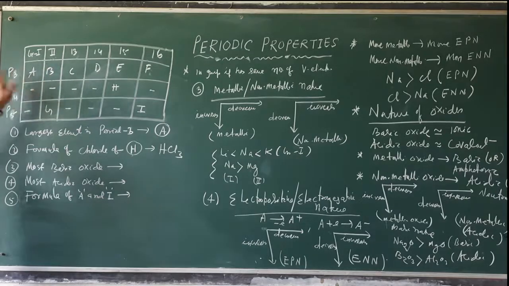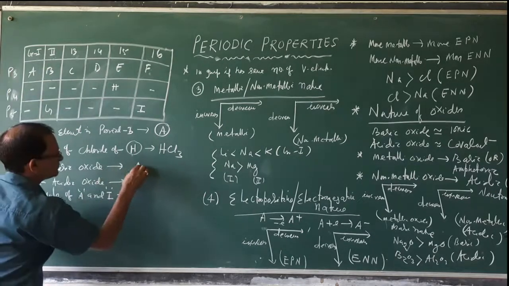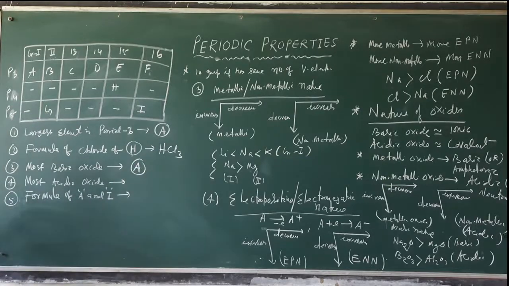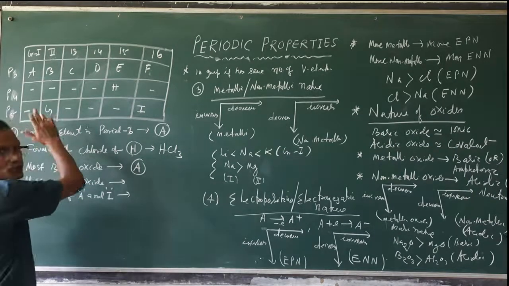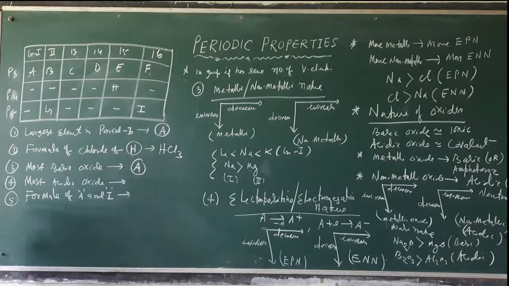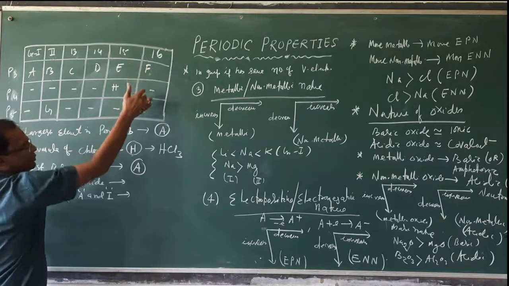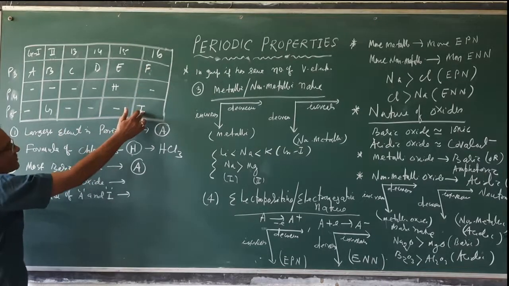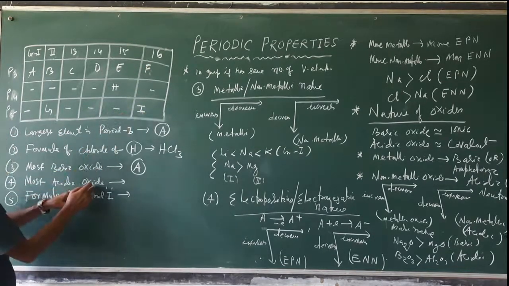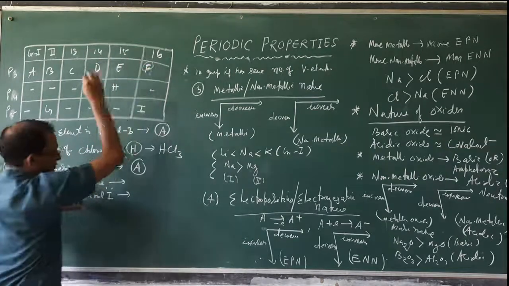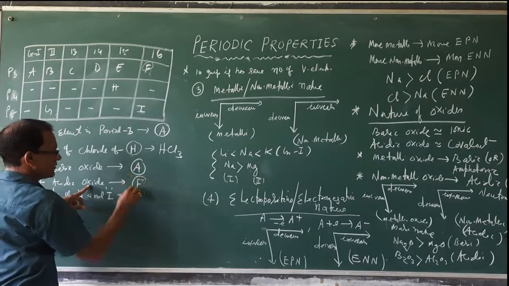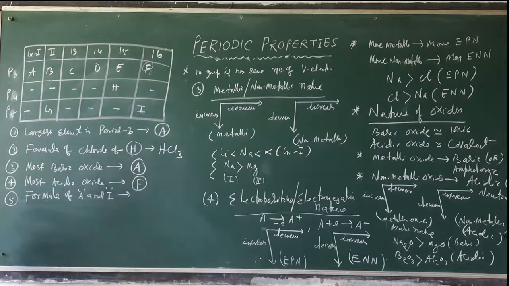So the answer will be A. A will produce the most basic oxide. Then the most acidic oxide depends upon the non-metal, meaning towards the right, and top. But from top to bottom acidic character decreases. So the question is the acidic oxide, the answer will be F. F produces the most acidic oxide.